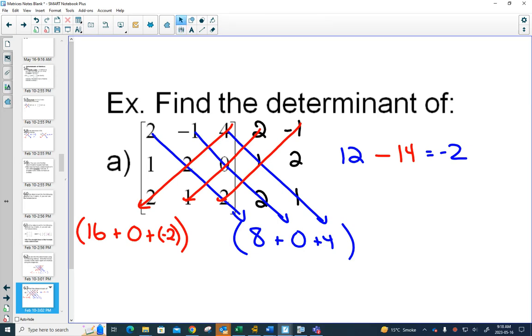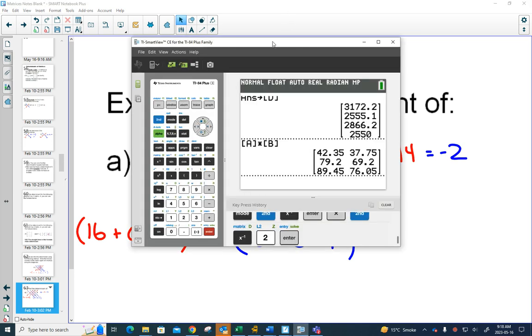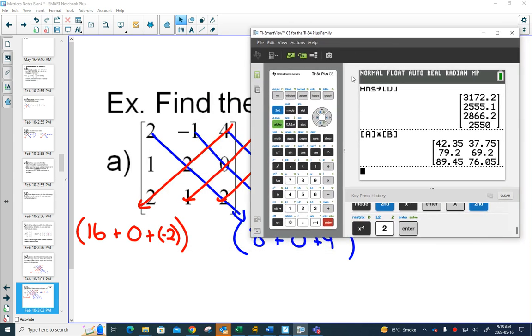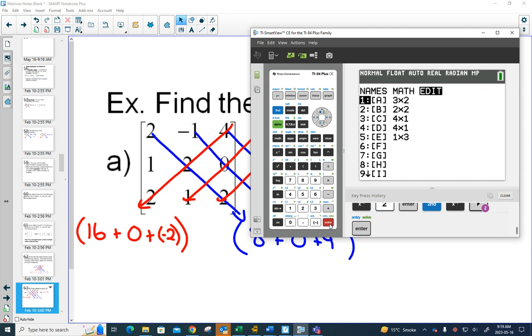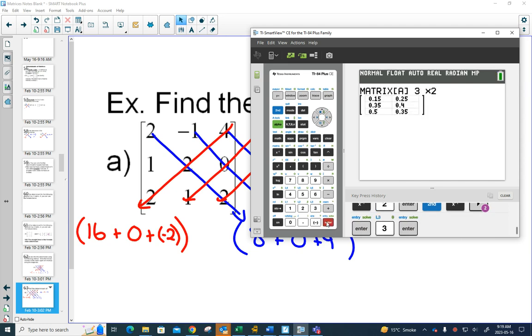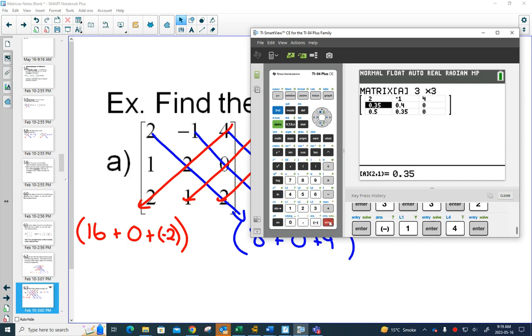Now, if we take out our graphing calculators and enter this matrix in, so this is a 3 by 3: negative 1, 4, 1, 2, 0, 2, 1, 2.